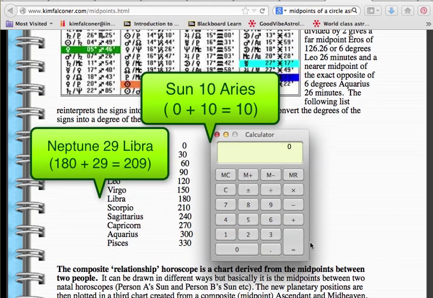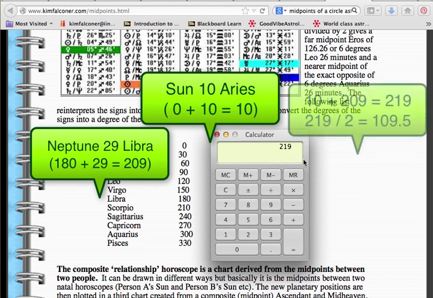Let's just look at this on the calculator. So Sun is 10 Aries, that's 10. Libra is 180 degrees, so we start with 180, and it's 29 degrees into that 180, so we're going to add 29, and we're going to get 219 degrees. We take that 219 and we're going to divide it by 2.